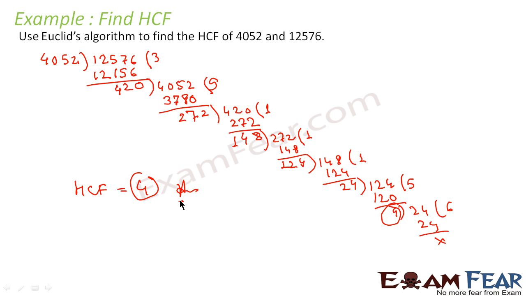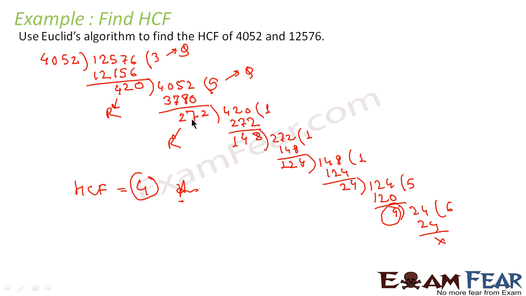This is the simple way, and it is also the Euclid algorithm. For the first two numbers, I got a quotient and a remainder. Now we took the divisor and this remainder.